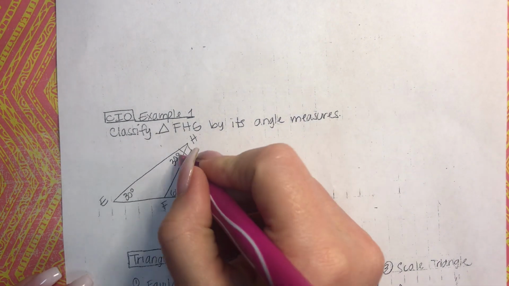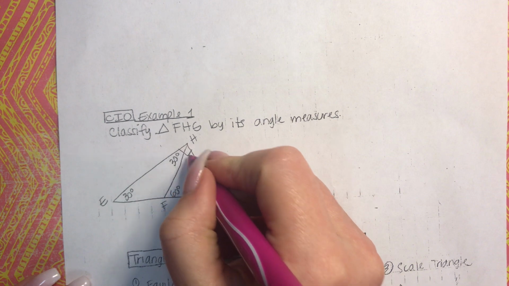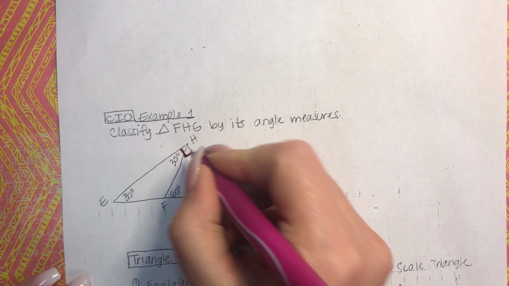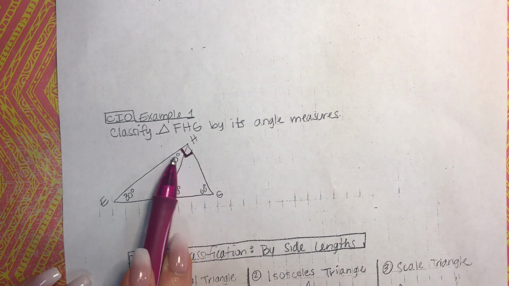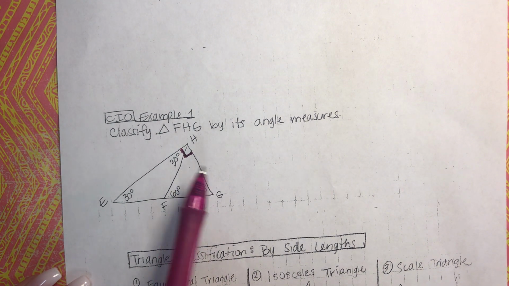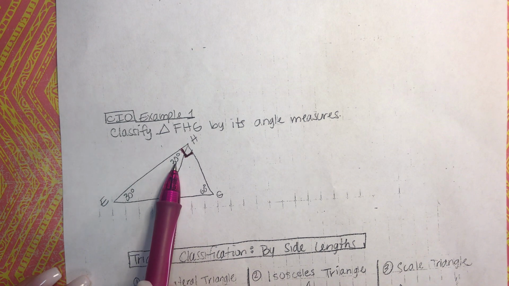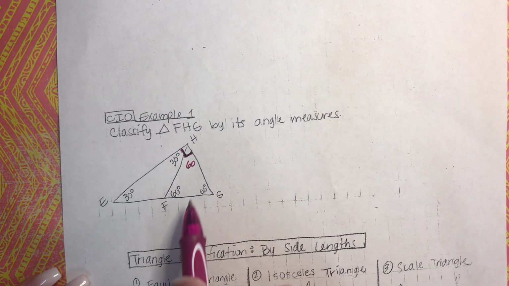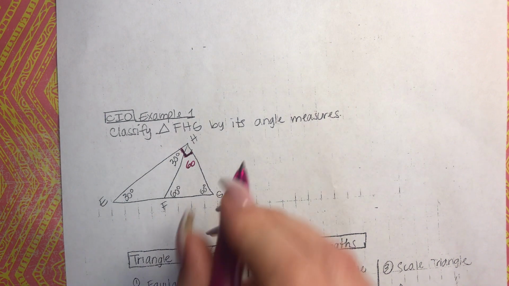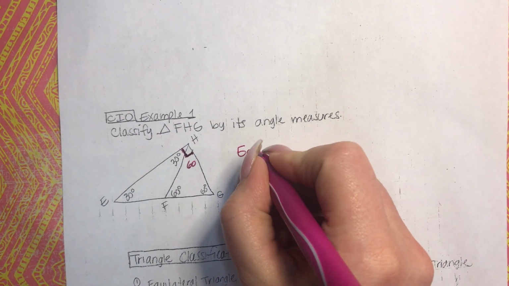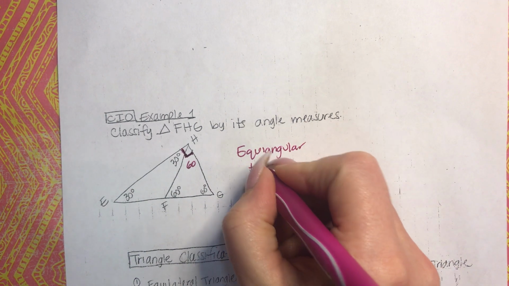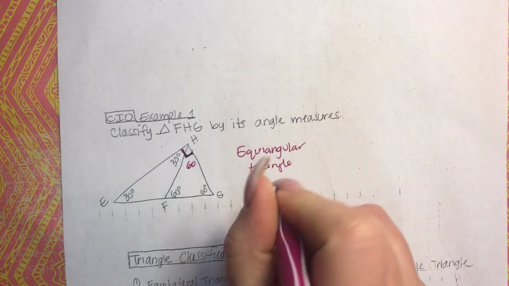What do I see about this? I see that this is a 90. It's not the most perfect 90 ever, but that is the mark for a 90, so that means that this whole angle is 90 degrees. This part of the angle is 30, which means this would have to be 60, which means we have three angles that are all the same measure, and that would be an equiangular triangle. So if you got that one right, awesome job.